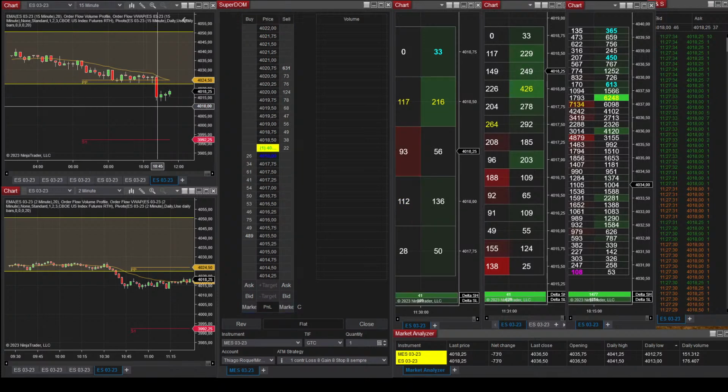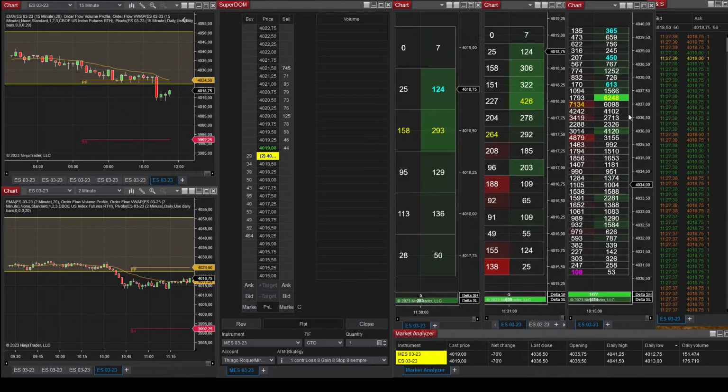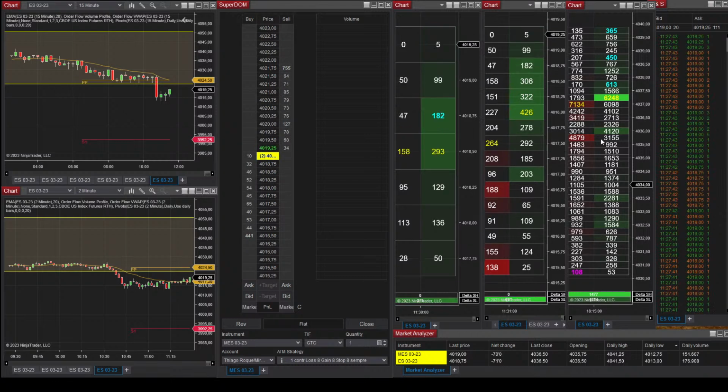I reduced the size of the charts here and increased one volumetric bar, which is the third one. This one I use 3 minutes, this one 7 minutes, and this one 20 or 40 minutes.